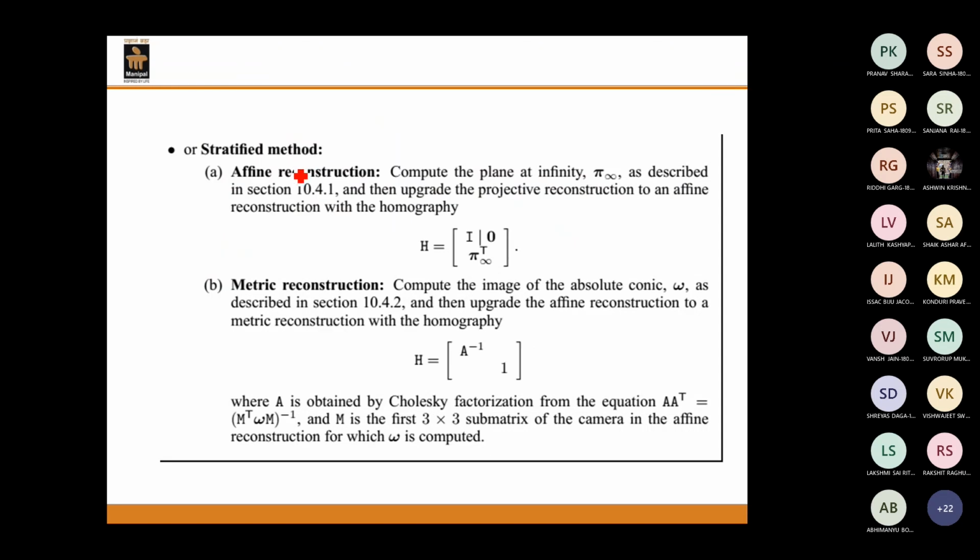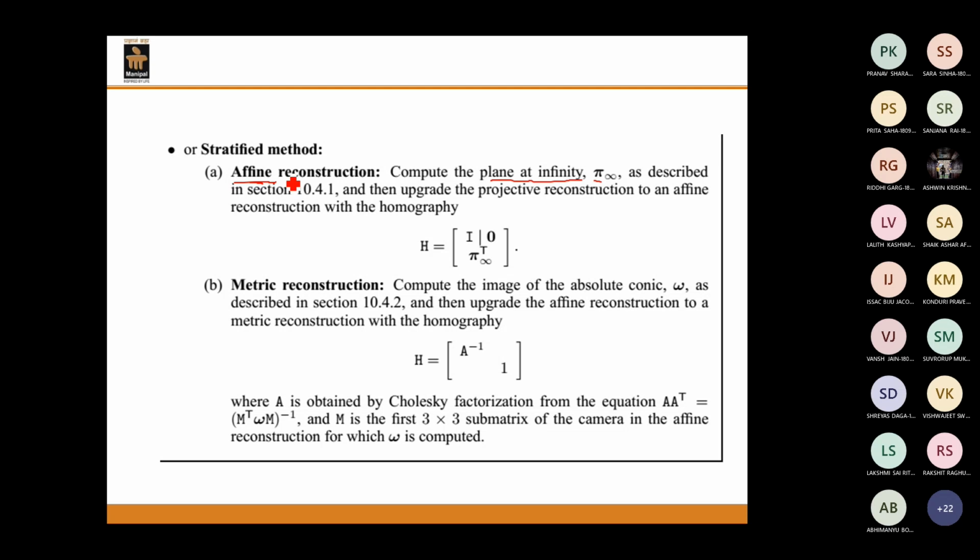If you wanted to go from the projective space to the affine space in the stratified method, what we did was first find the plane at infinity, which is given by pi infinity. To find pi infinity, we make use of the fact that in the affine space, parallelism between lines is preserved. So we find lines which are parallel in the actual 3D scene, identify those lines on the reconstructed image, and find the points at infinity.